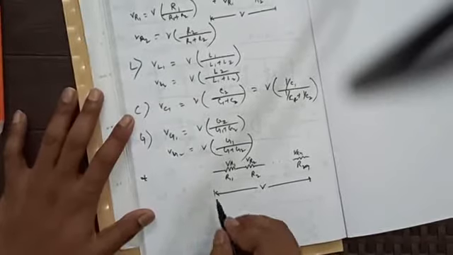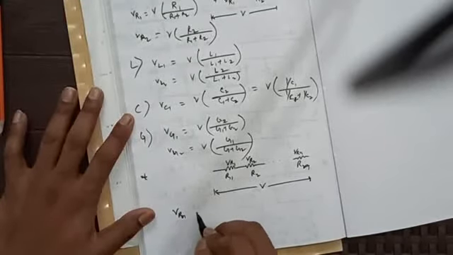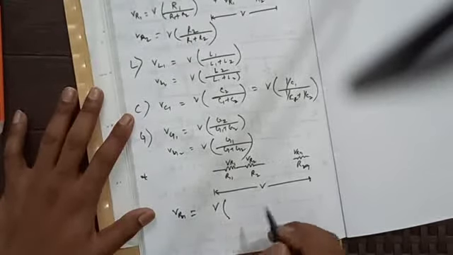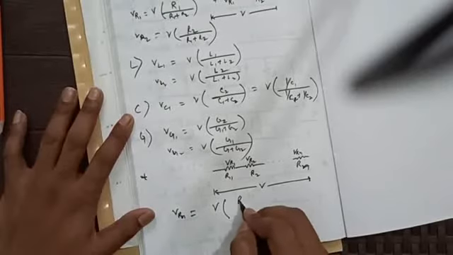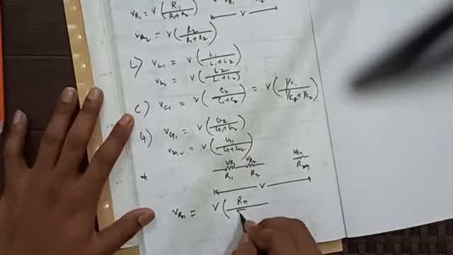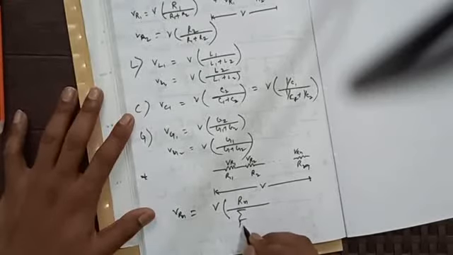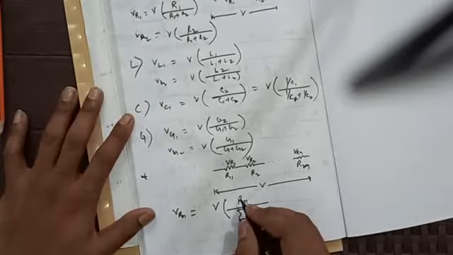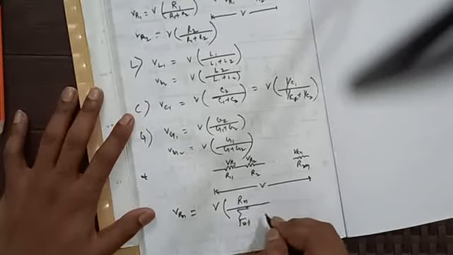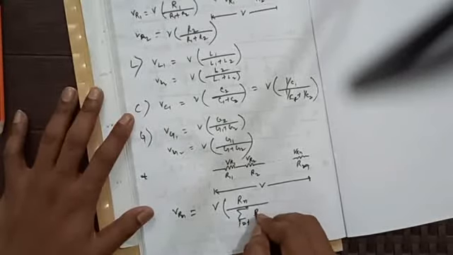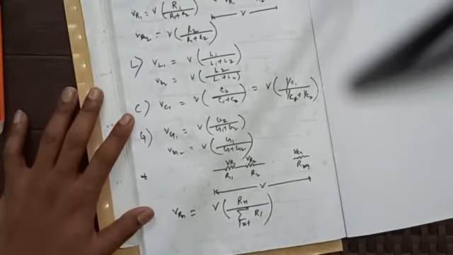So VRn is equal to the total voltage multiplied by the same resistor divided by the sum of the resistors, summation of i equal to 1 to n of Ri.